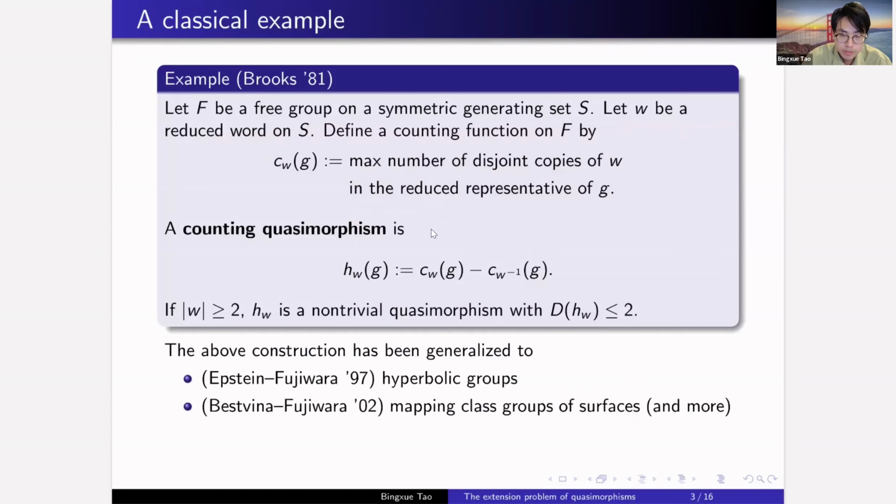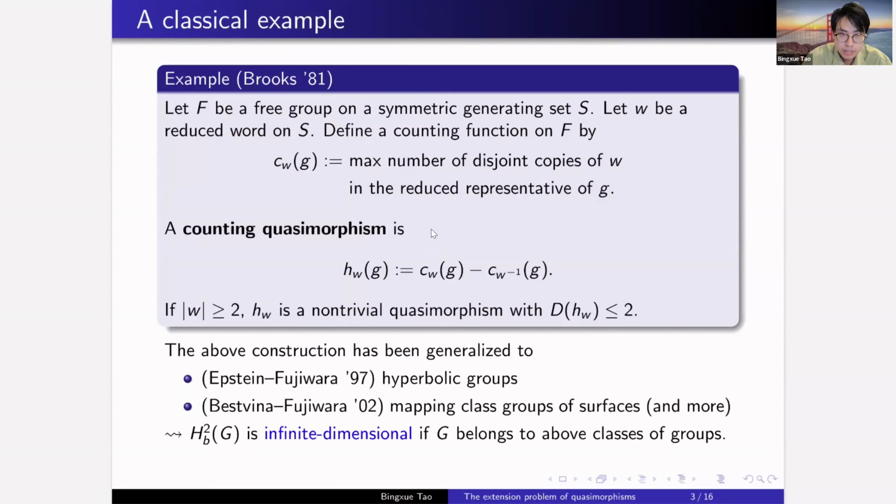This construction for free groups has already been generalized to hyperbolic groups and mapping class groups of surfaces, and more groups with some hyperbolic features. Hyperbolic groups are by Epstein and Fujiwara, and mapping class groups are by Bestvina and Fujiwara.